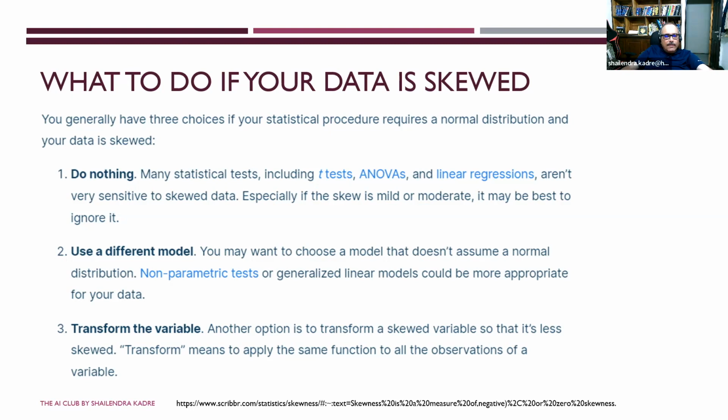If you have 100 measurements, you have to apply the same formula to all 100. You cannot apply different formulas, because you have to apply only one mathematical transformation at a time. Once you apply that transformation and plot again, your skewed curve will get converted to a Gaussian distribution.